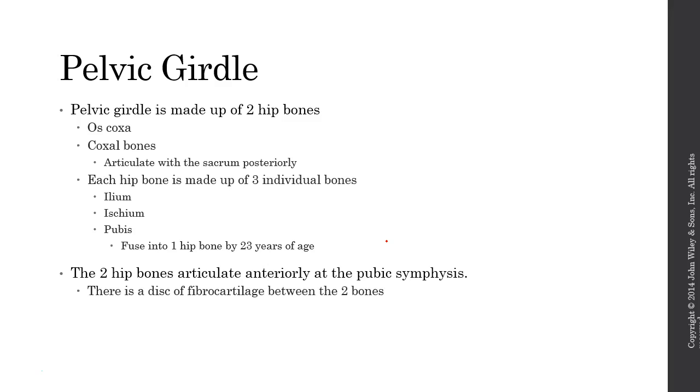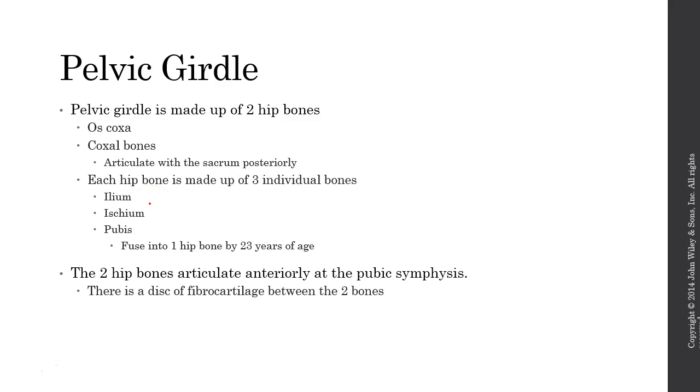Okay, at the inferior portion of the body, we have the pelvic girdle. This is where we will see the lower limbs attaching to the axial skeleton. Pelvic girdle made up of 2 hip bones, or os coxa or coxal bones. Okay, they articulate with the sacrum at the posterior side.